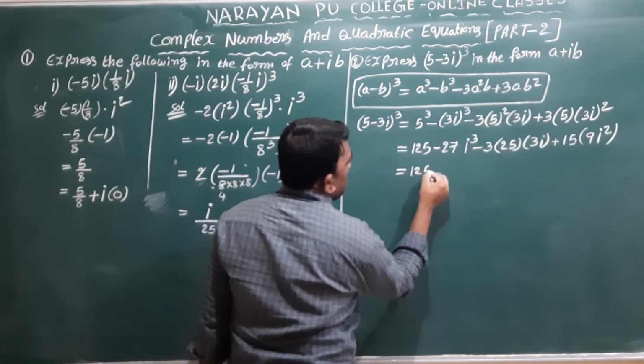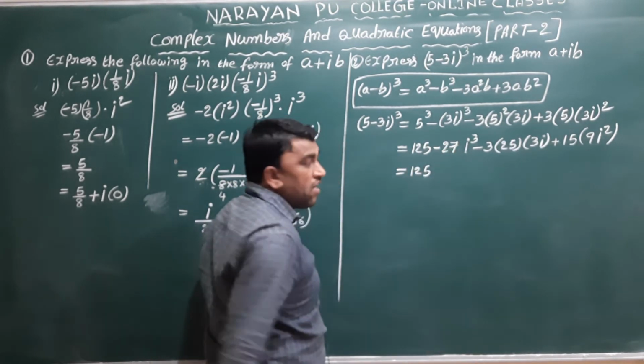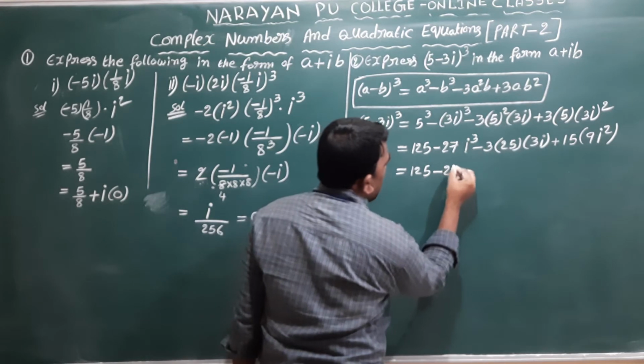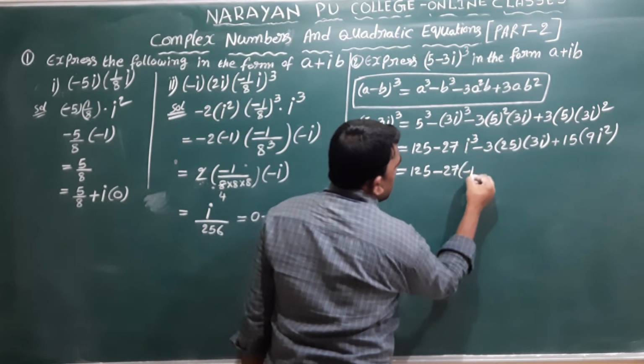125. We know the i cube value is minus i. So 27 into minus i.